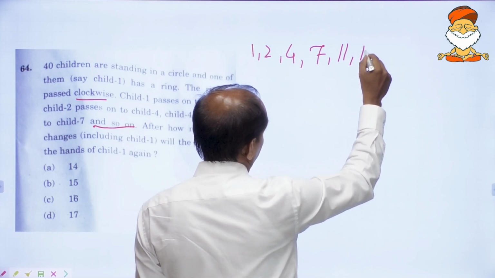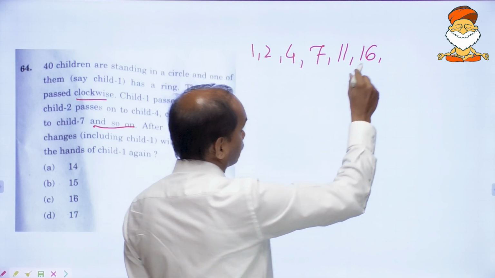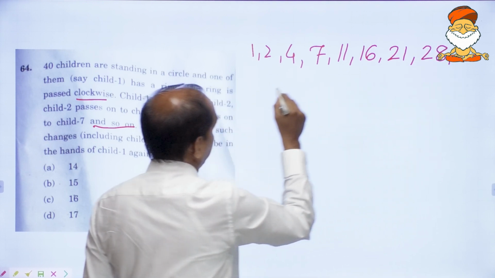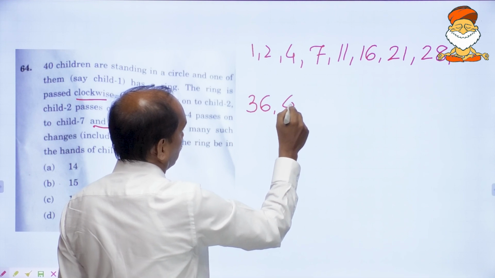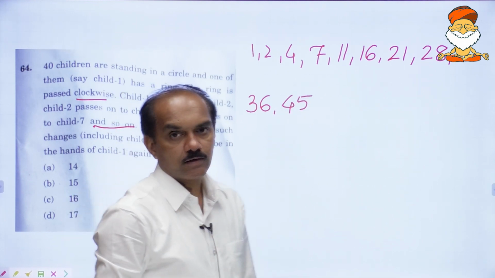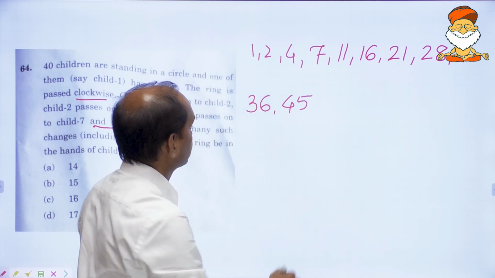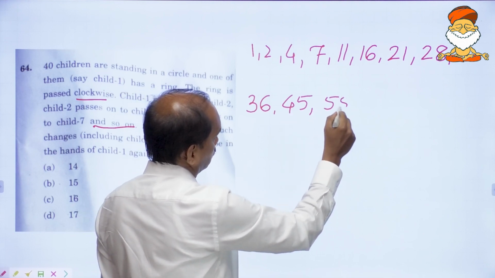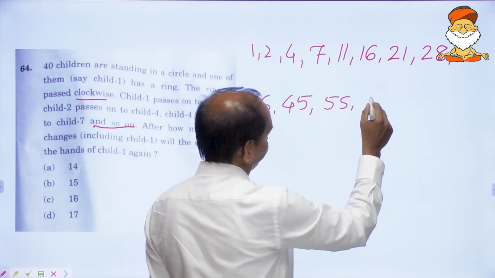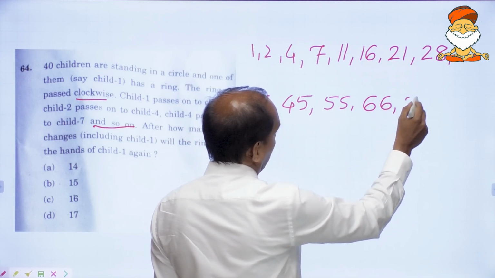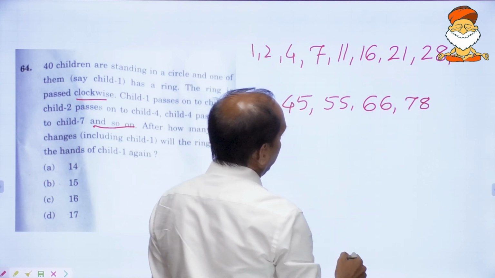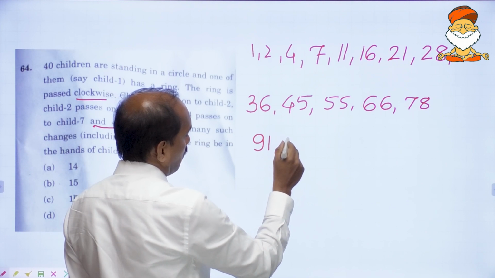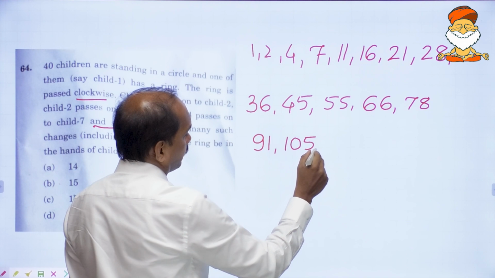then by 5, 11 plus 5, then here it is 5, next it is 6, then 7, then 8, 9, 9 means 45. Now 10, 11, 12, 13, 14, 15.